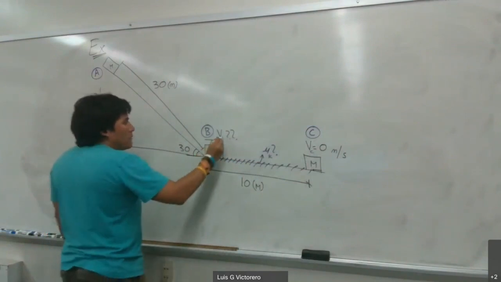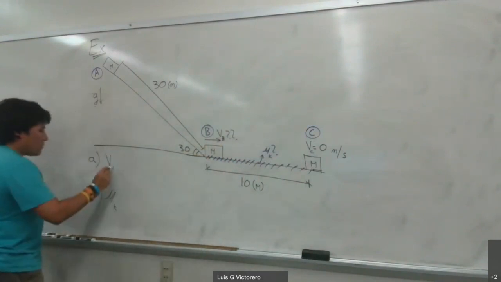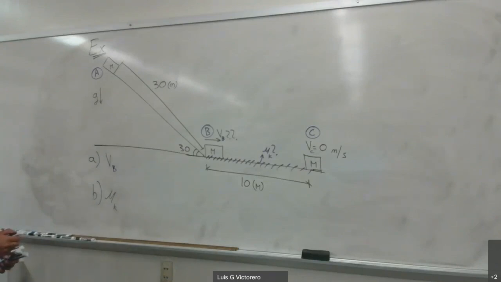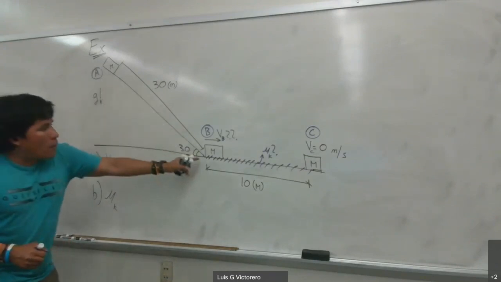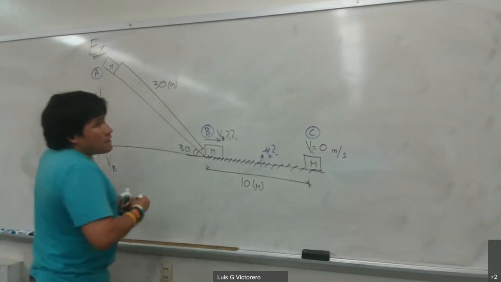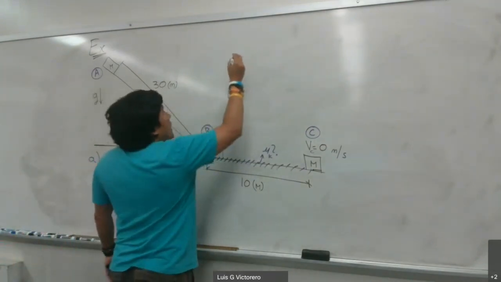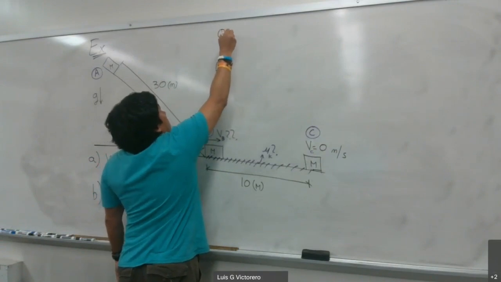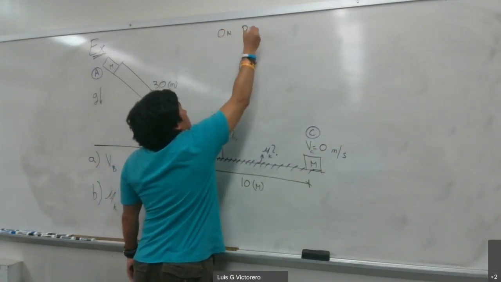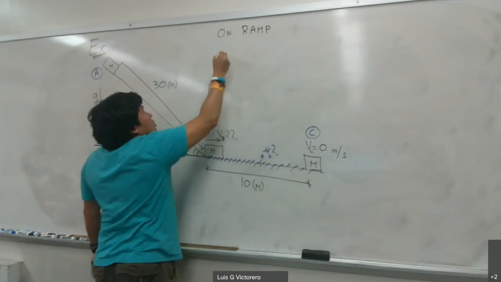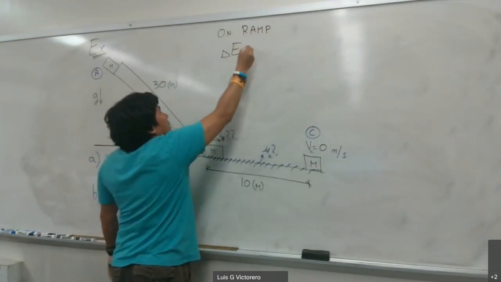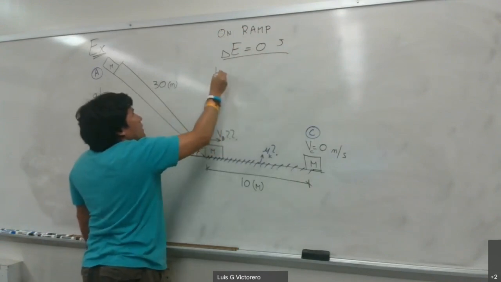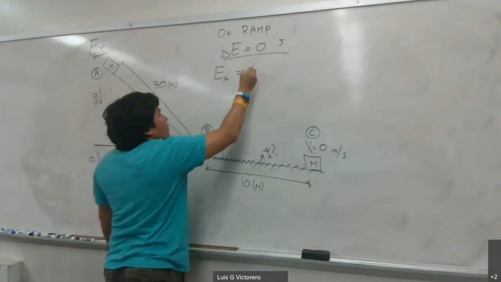So we want V B. On the ramp, the system is isolated. It's only gravity acting on the body. So on the ramp, the change of energy is equal to 0 joules. Therefore, energy at A is equal to energy at B.